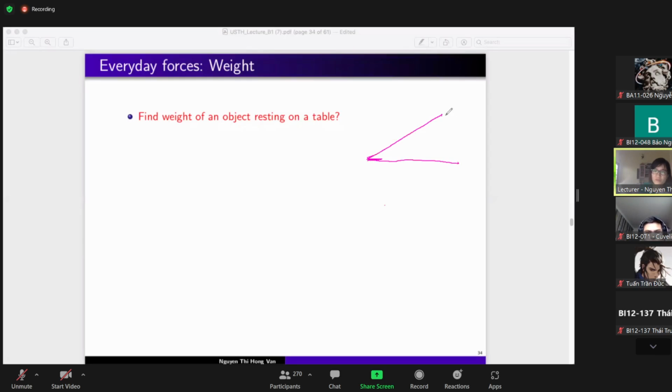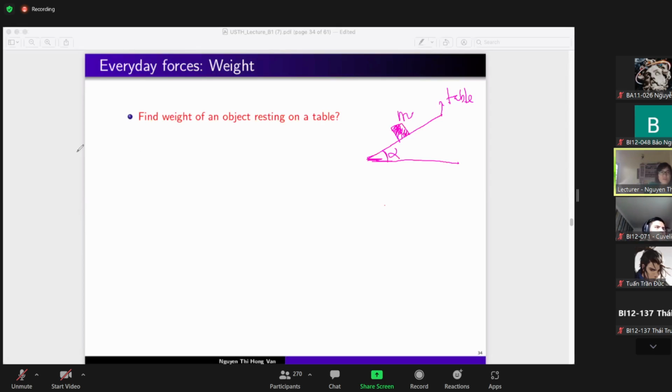This is a table with the mass m. The table is inclined to the horizontal by an angle alpha. Find the weight of the object in this case.